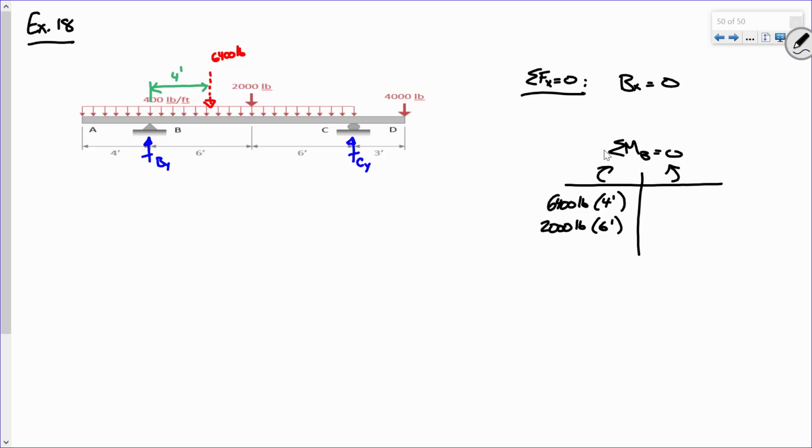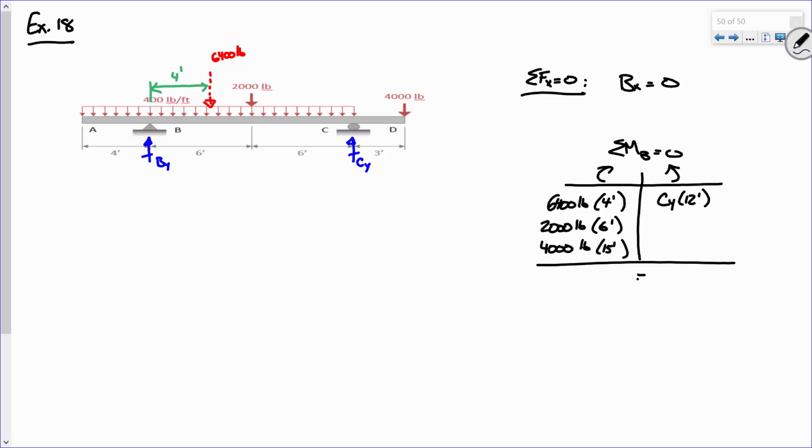So CY is acting at a moment arm of, how far is CY from that support? 12 foot. Last one. We've got 4,000 pounds. Which side of the table does it go on? That goes on the left, right? Right. Moment arm, 15. Everybody okay with that? Any questions?